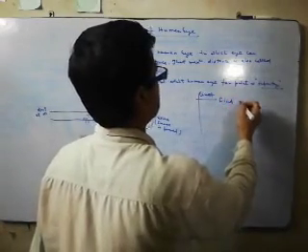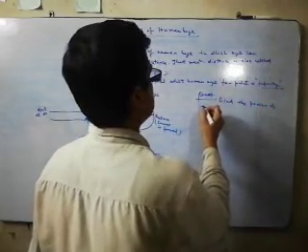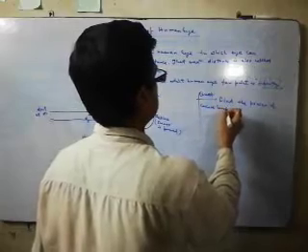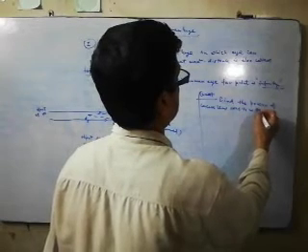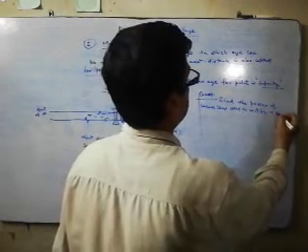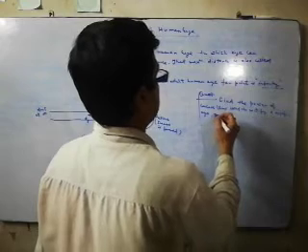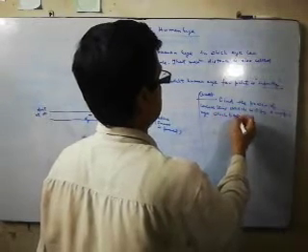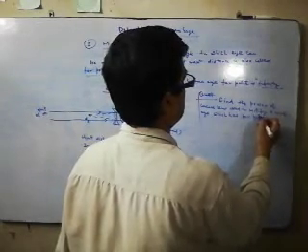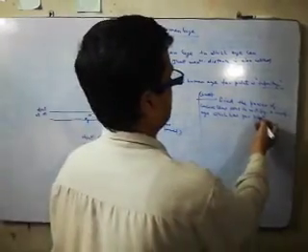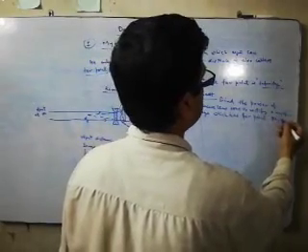Find the power of a concave lens used to rectify a myopic eye which has a far point of 80 centimeters.